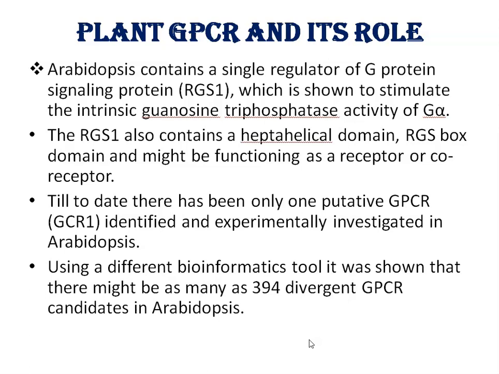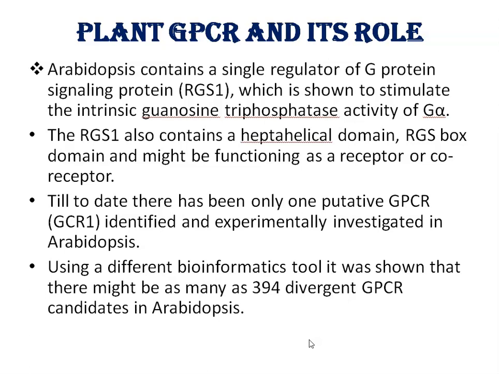This RGS1 also contains a heptahelical domain, an RGS box domain, and might be functioning as a receptor or co-receptor. Now, to date, there has been only one putative GPCR, meaning GCR1, identified and experimentally investigated in the model plant Arabidopsis.